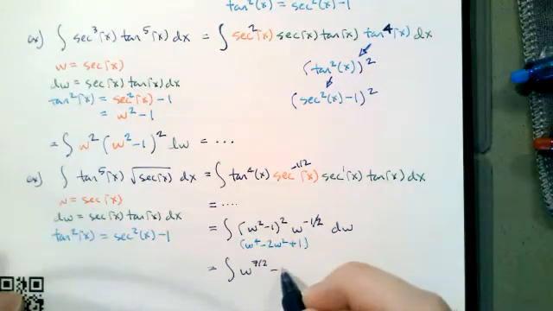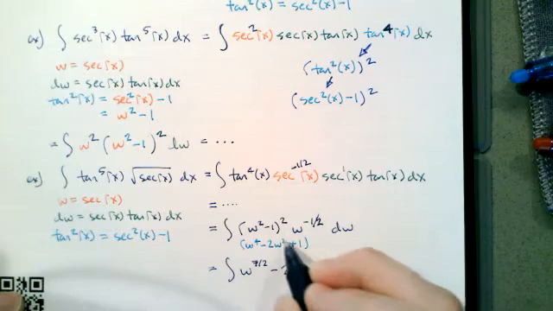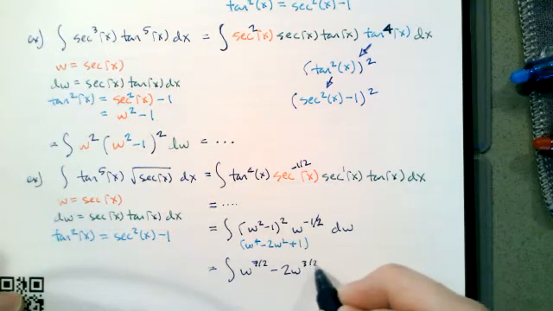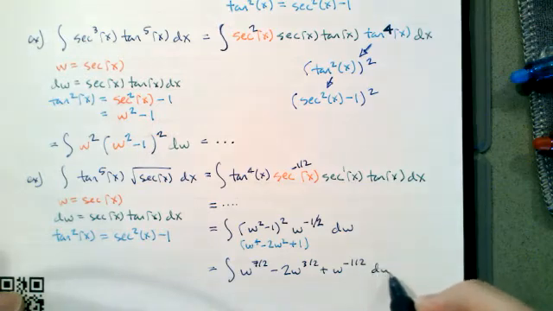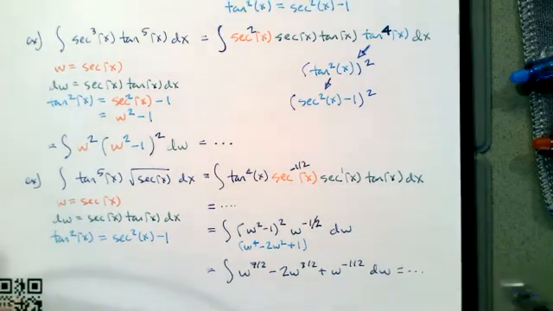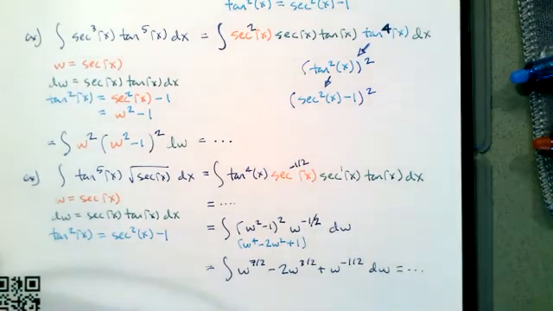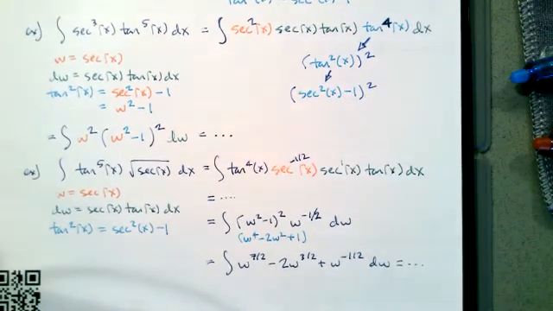Go with that for now. Minus 2, w to the 4 minus 1 is 3 halves, plus w to the negative 1/2 dw. So really, the q is odd thing is what's telling us to do the secant x as a substitution.